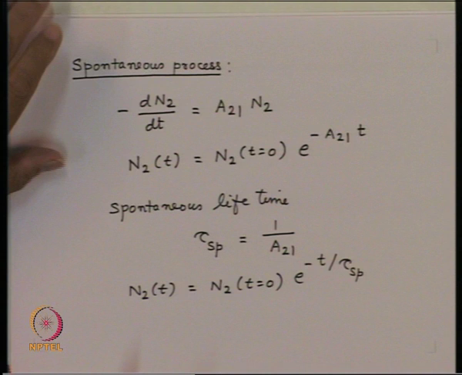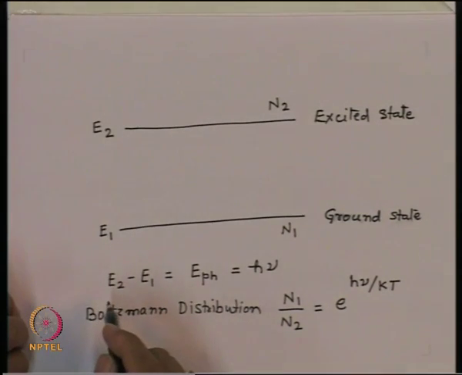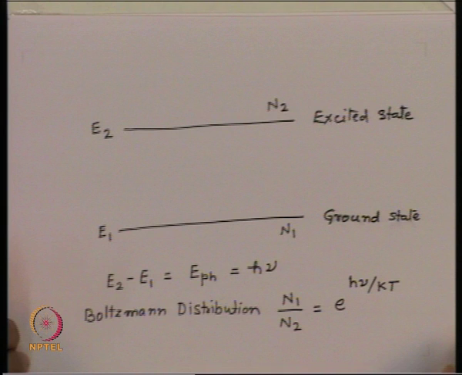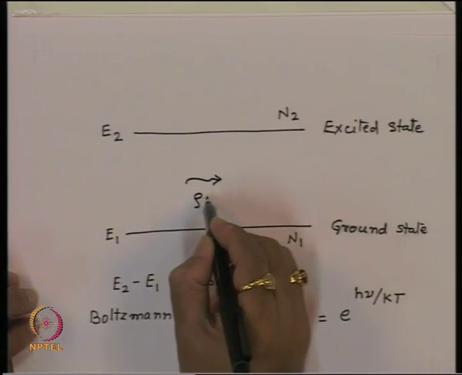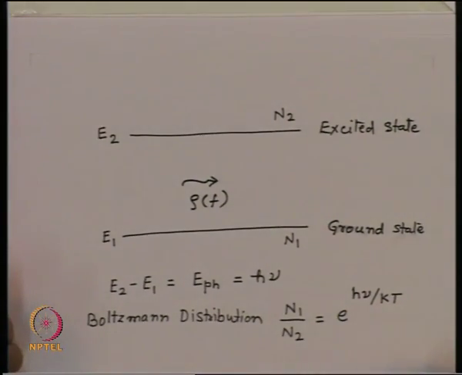Similarly, we can write down the equations now for the other two processes, and since the other two processes depend upon the photon present there, let us say there is a photon flux density which is given by rho of nu. So, if we are having a material like this, you are having a photon flux as a function of rho of f, where f is the frequency.